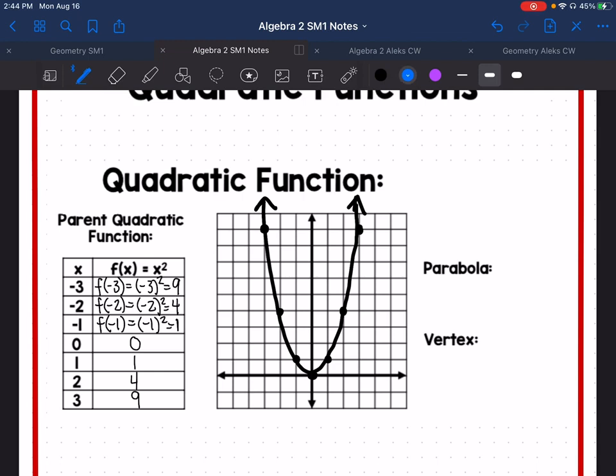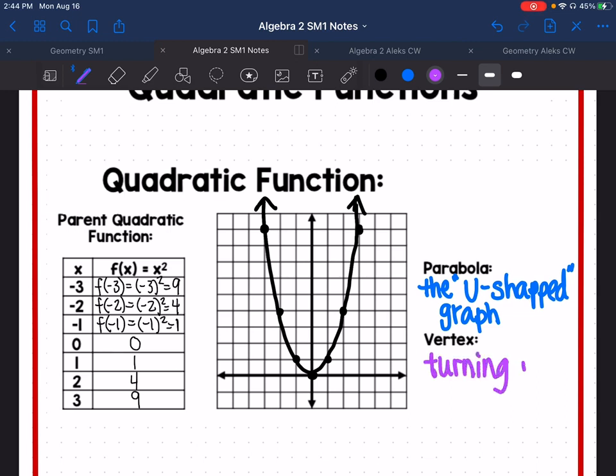Remember, the parabola itself is the name of the U-shaped graph. That's the name that we give the graph that is shaped like the letter U. And the vertex is my turning point on my parabola.